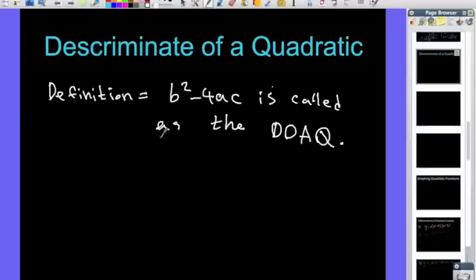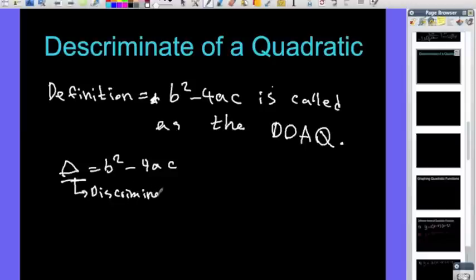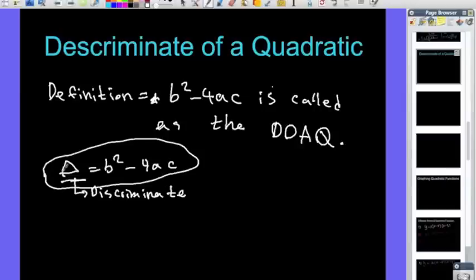Sorry, I forgot the delta here. In this case, the formula is delta equals b squared minus 4ac. Delta stands for discriminant. So that's why we have the formula like this.